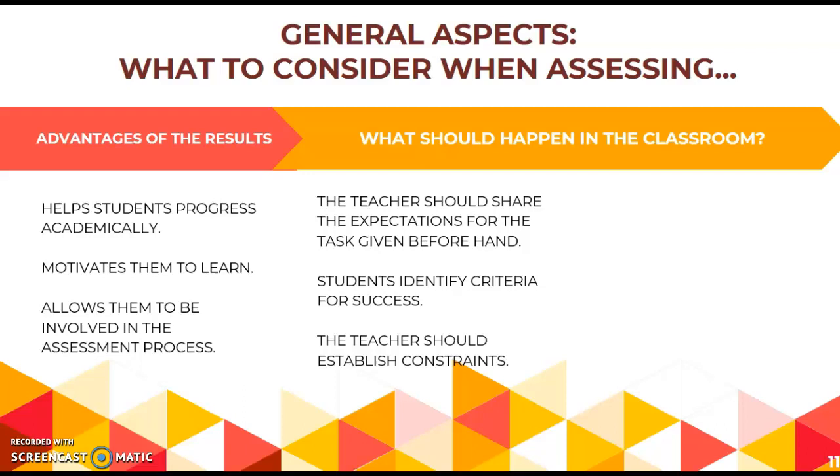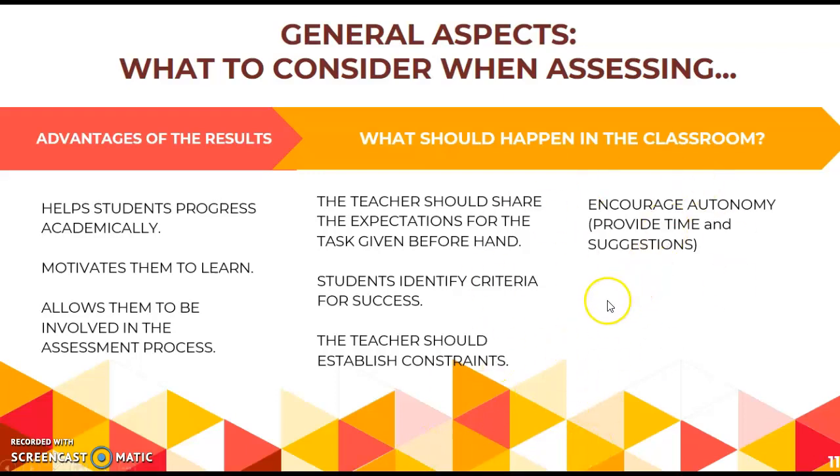Do I have to work individually, in pairs, in groups? How much time do I have in order to complete the task? So all these constraints should be stated in my instructions. So students should know about this.